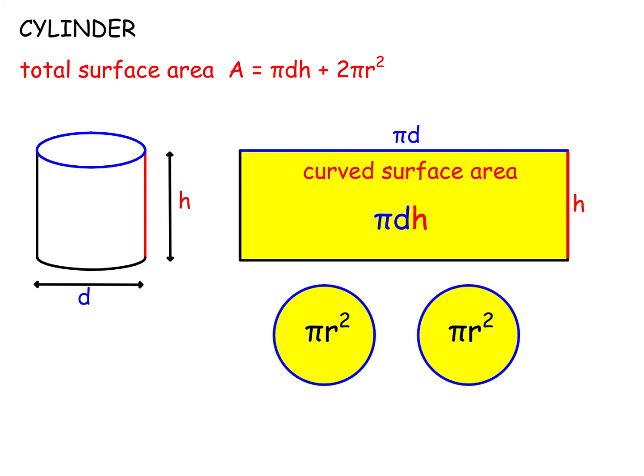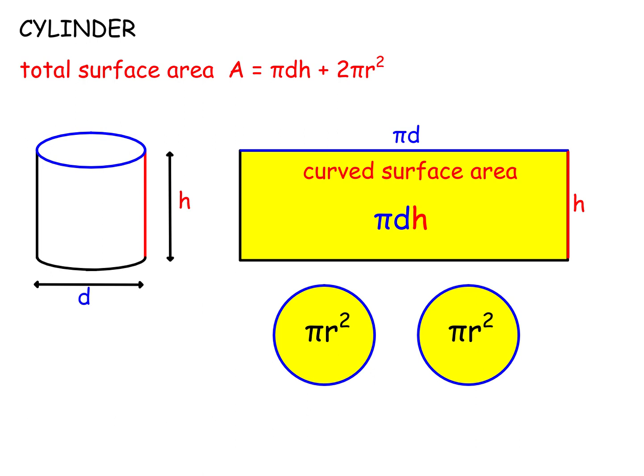Next is the cylinder. If you take a cylinder and break it down into its net, it's 2 circles, top and bottom, and the curved surface actually becomes a rectangle, area pi dh, where d is the diameter and h is the height of the cylinder.